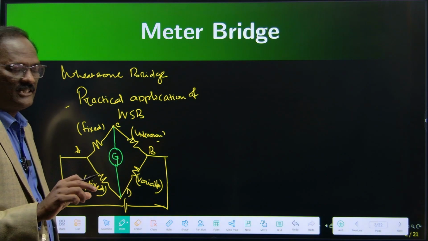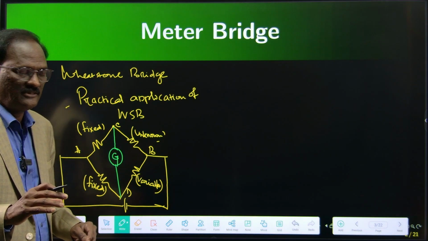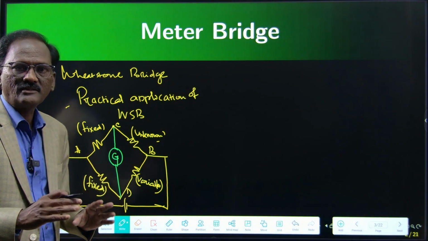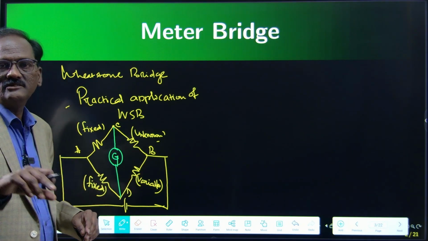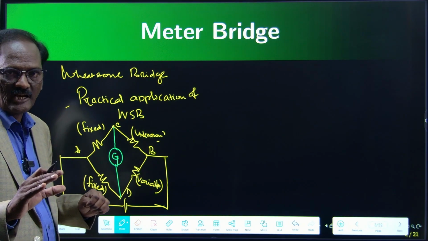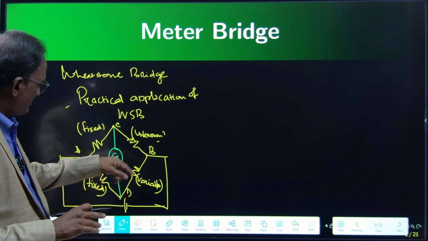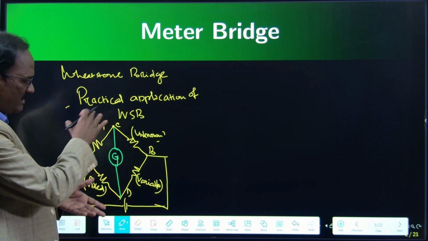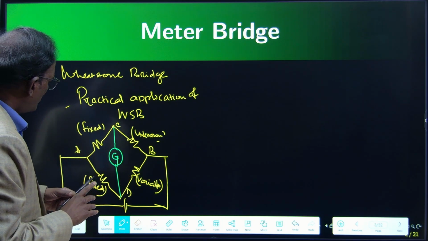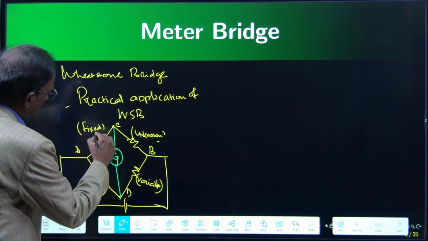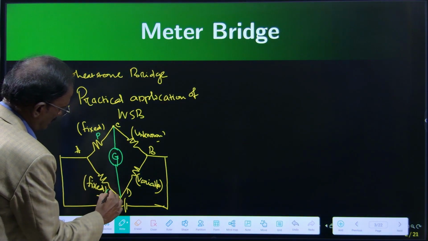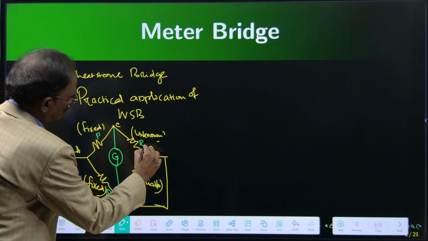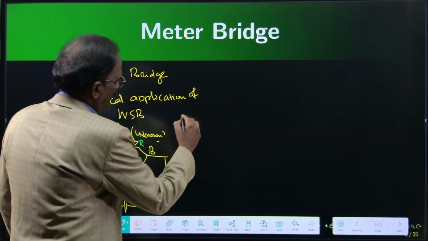We can vary the value of these resistors at any value. Usually a resistance box is kept here. Combinations of values can be made here, right? Between B and D, anywhere you can put the resistors here. Say this is P and this is Q and this is R and this is S, right?